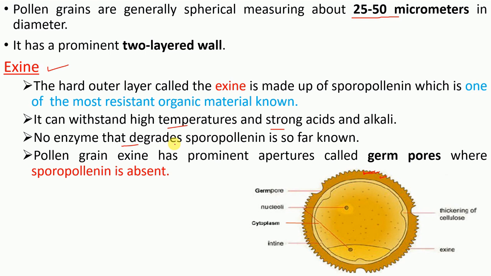The pollen grain exine has a prominent aperture called the germ pore, where sporopollenin is absent. This germ pore provides a door for the germination of the pollen tube. Actually the pollen tube germinates from the intine layer, so don't get confused, but the germ pore provides the door for the germinating pollen tube.